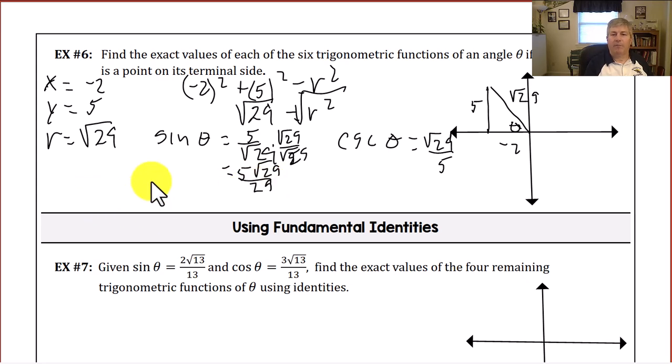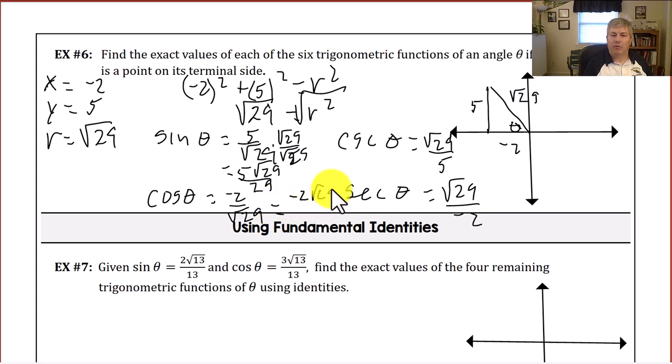I'm going to have a hard time squeezing this in. Our cosine of theta is going to be x over r, or negative 2 over the square root of 29. So then our secant of theta equals the square root of 29 all over negative 2. Rationalized, that would be negative 2 square root of 29 over 29 for our cosine.